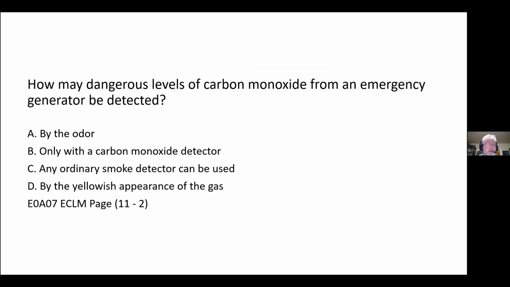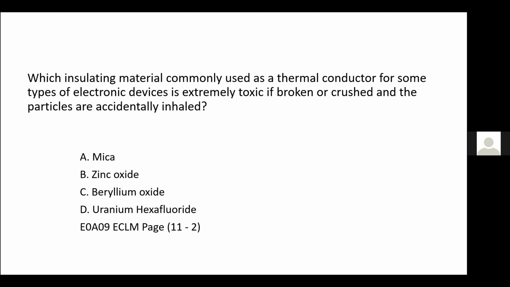B, only with a carbon monoxide detector. C, any ordinary smoke detector can be used. Or D, by the yellowish appearance of the gas. Bravo is correct. Only with a carbon monoxide detector. Mustard gas, yellowish.